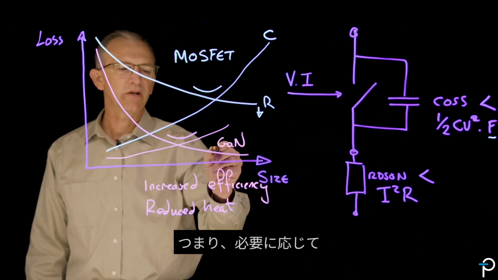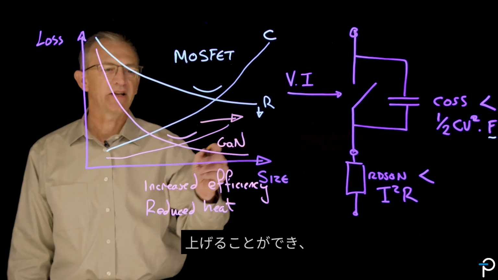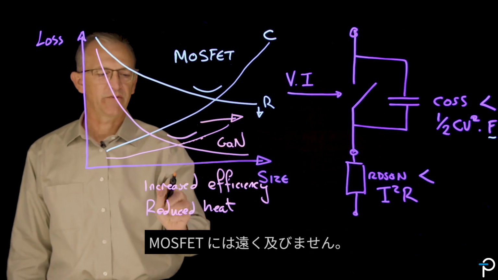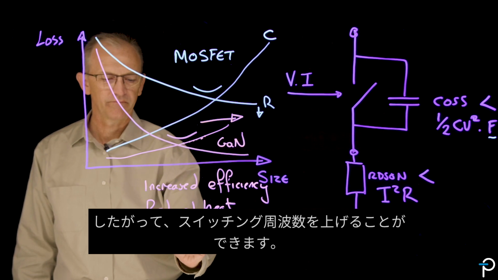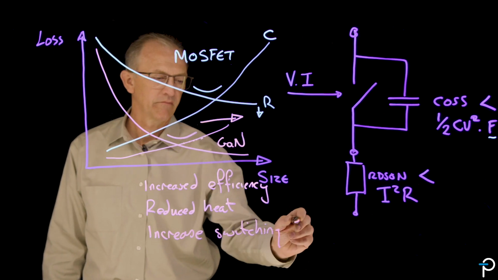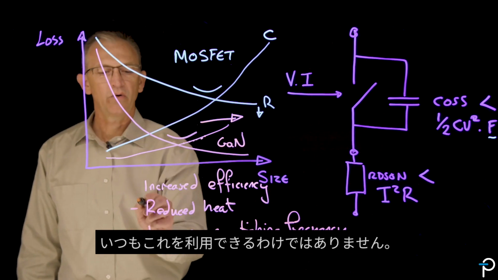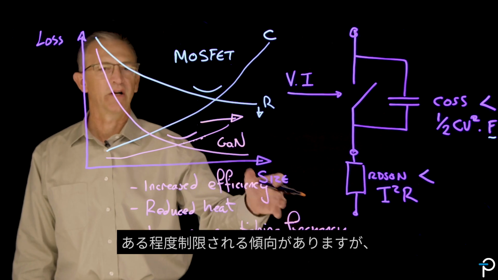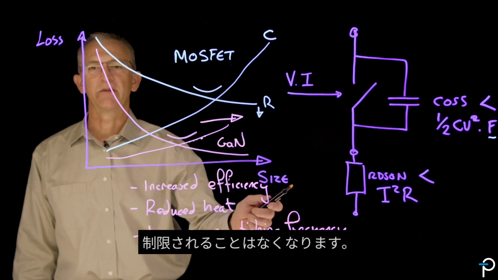And that means that if you wish, you can increase the frequency that the GaN switches at, and that moves this crossover point, but it still gets nowhere near where the MOSFET is. And so you can increase switching frequency. Now, that's not always available to you because you tend to be limited to a certain extent by the magnetics and other parasitic elements in your circuit, but you're no longer limited by the speed of the switch.